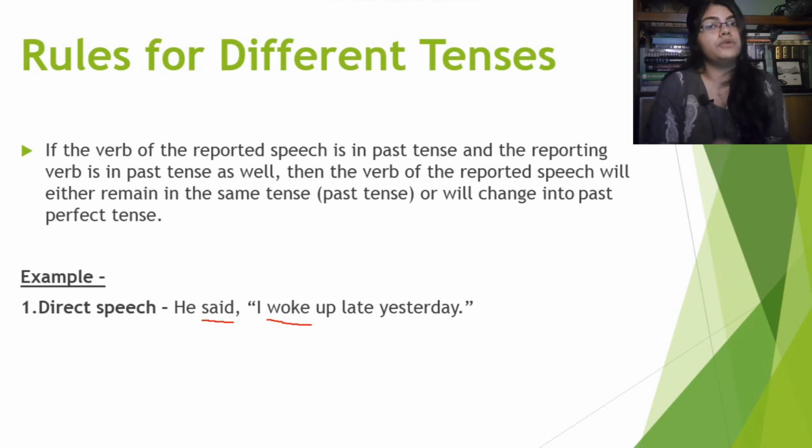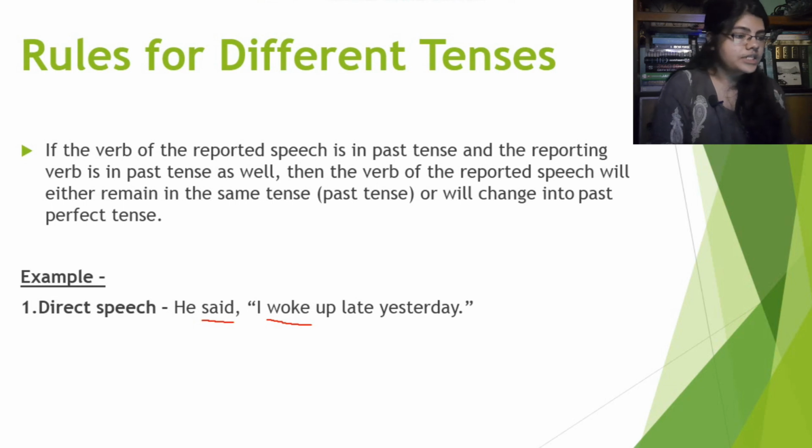When it was a habitual truth or a universal fact or a historical fact, then sometimes we saw that the verb of the reported speech was in past tense as well. But here the case is something different. Here the reporting verb is also in past tense and the verb of the reported speech is also in past tense. Then what happens?